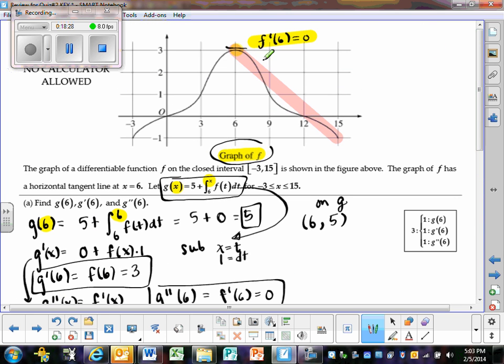So what we're going to do with the trapezoidal, width of 3 means we're going to have 6 of them, just like it says. And we have to use every value.